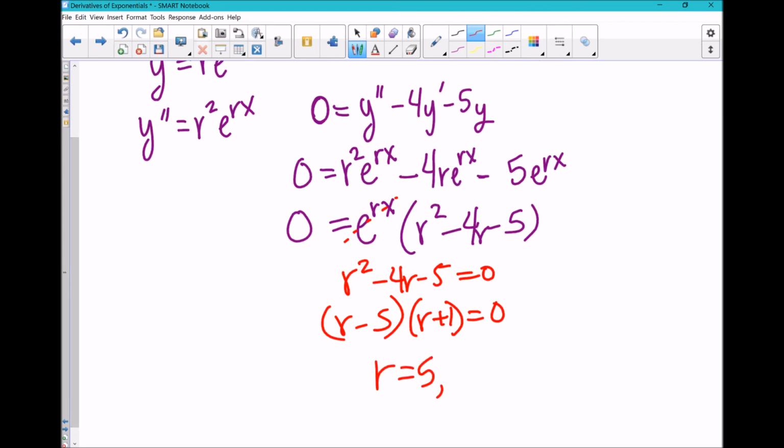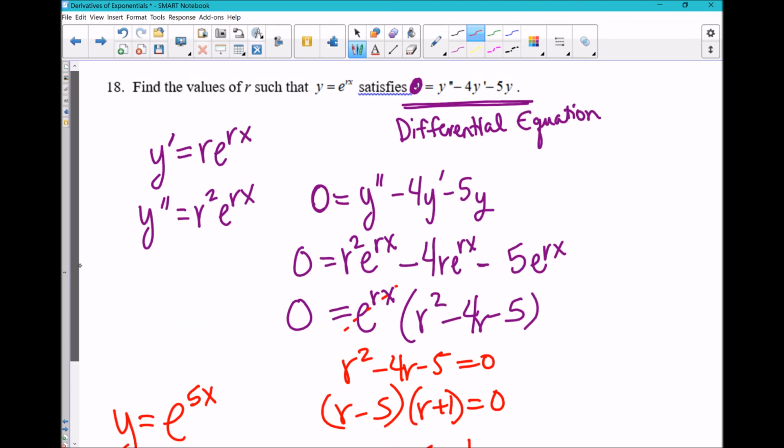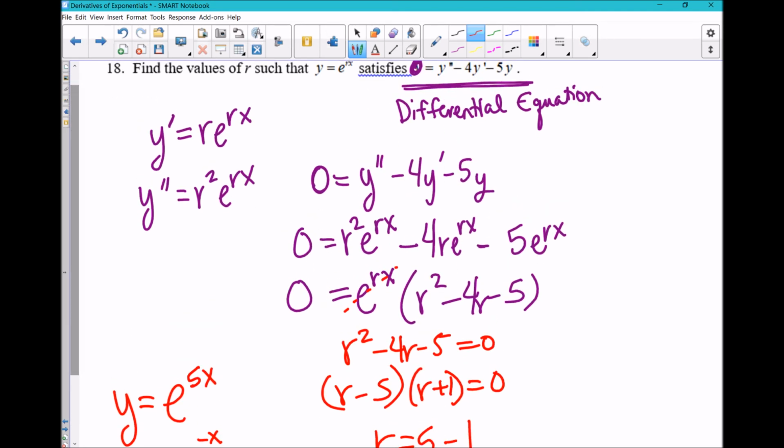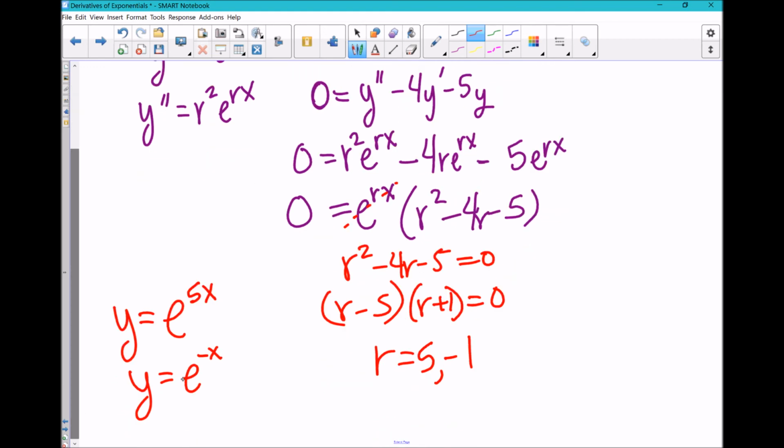So r equals 5 and r equals negative 1. Essentially what we're saying is that e to the 5x and e to the negative x satisfy that if I took the second derivative minus 4 times the derivative minus 5 times the original function, it would equal 0. Which is kind of cool. So here are two values of r that satisfy this.